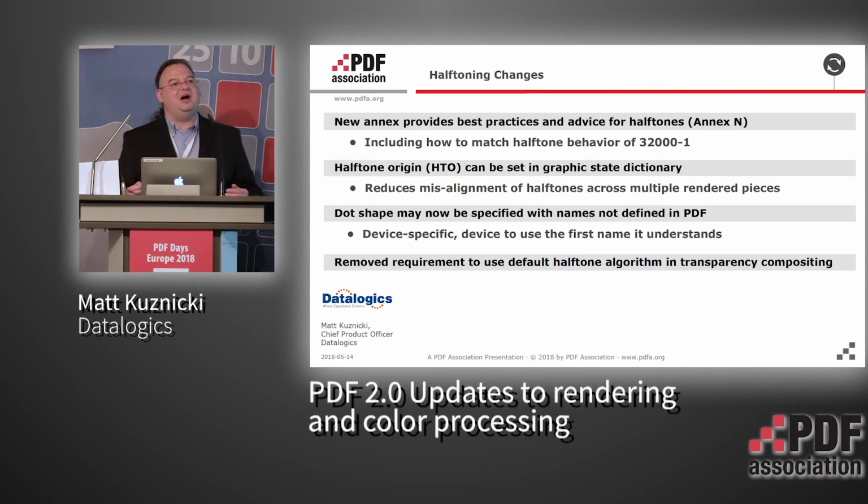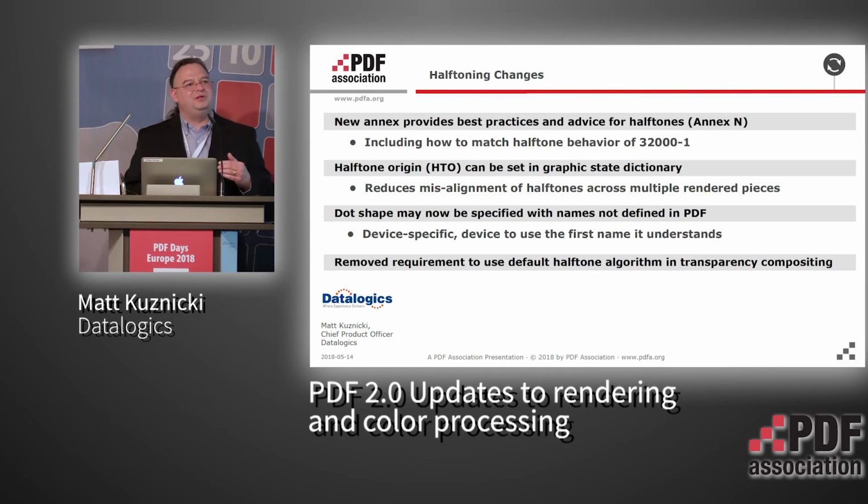Dot shapes can now be specified with names that are not defined in PDF. So just like output intents, this very much is predicated on your PDF recipient understanding the name, the value, and the meaning of your dot shape, if you specify a non-standard dot shape in a PDF 2.0 file. So this is device specific, it's receiver specific, and you can specify an array of dot shapes.